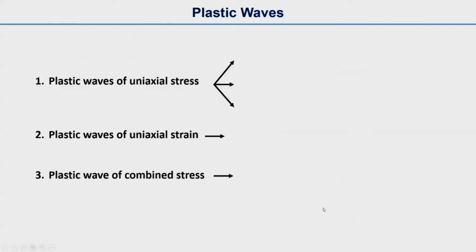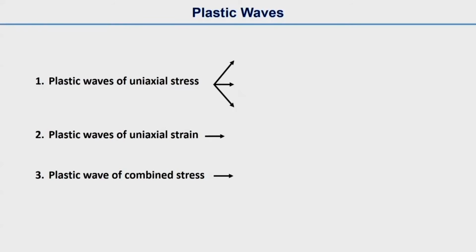Basically we will discuss here three types of plastic waves: plastic waves of uniaxial stress, plastic waves of uniaxial strain, and plastic waves of combined stress. We have even discussed that in a few slides earlier.